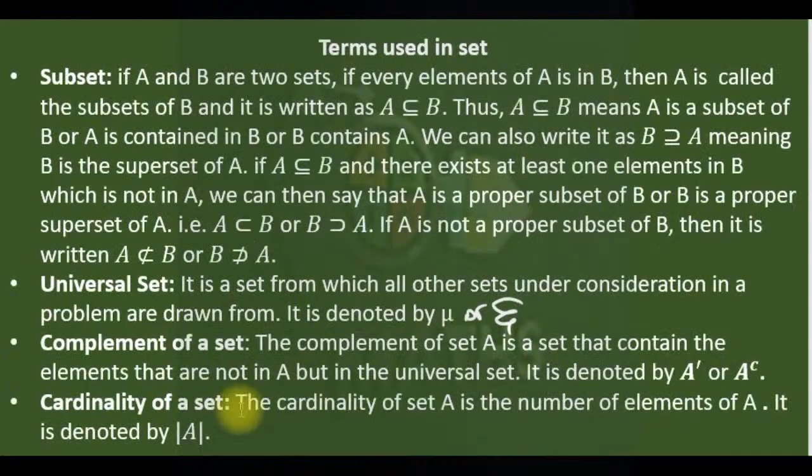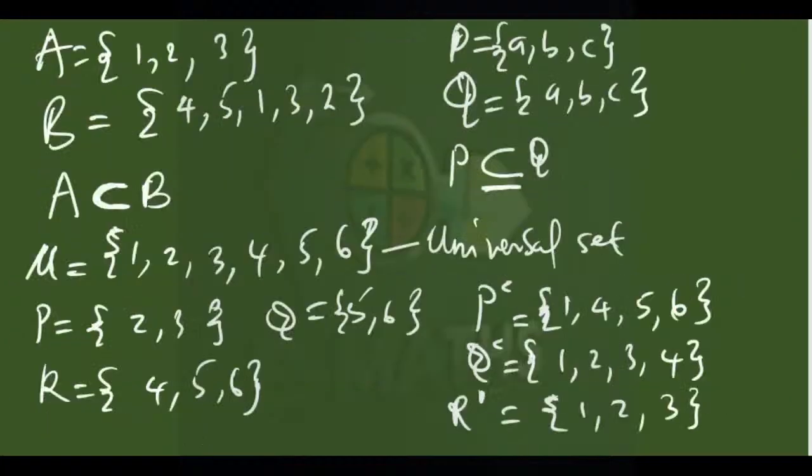So there's what we call cardinality of sets. We normally write it like the absolute value of A. It's just the number of elements of a set. It's called the cardinality. As you can see here, the cardinality of P means how many elements are there?